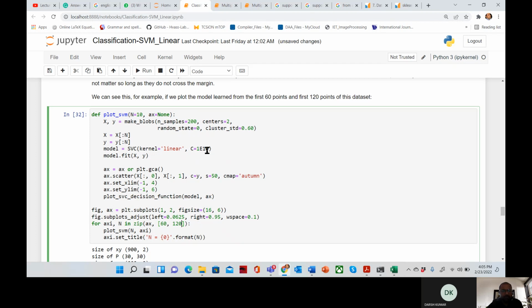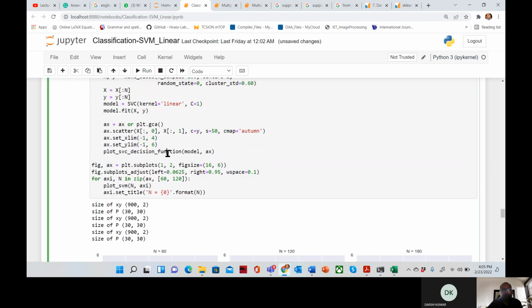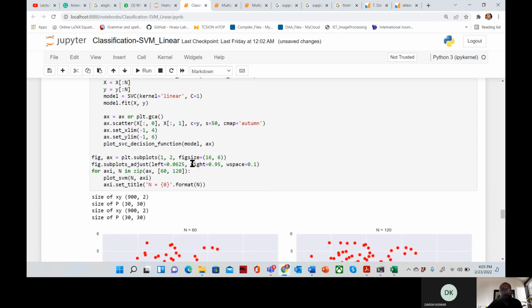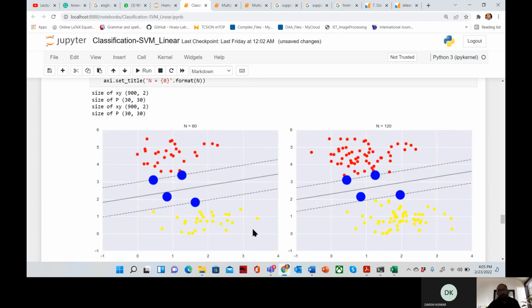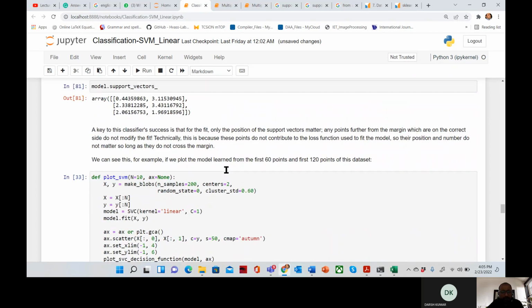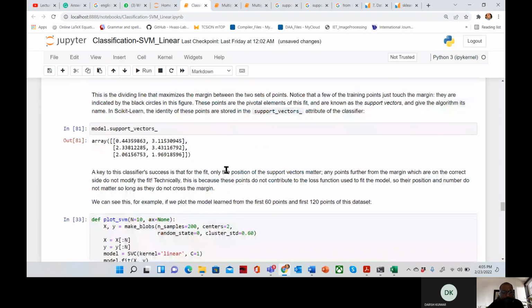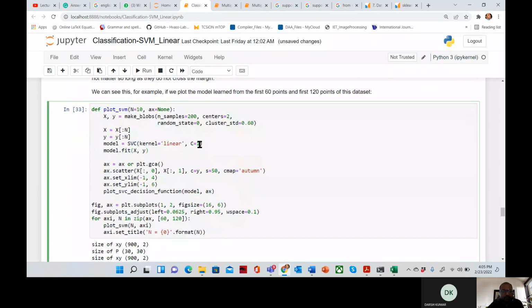Okay, let's play around with C. Let's take C is equal to 1. Okay, now watch what will happen. I think it increases this decision boundary. Am I right? Just a minute, let's check again. Before, what was it? C is equals to 1E10.